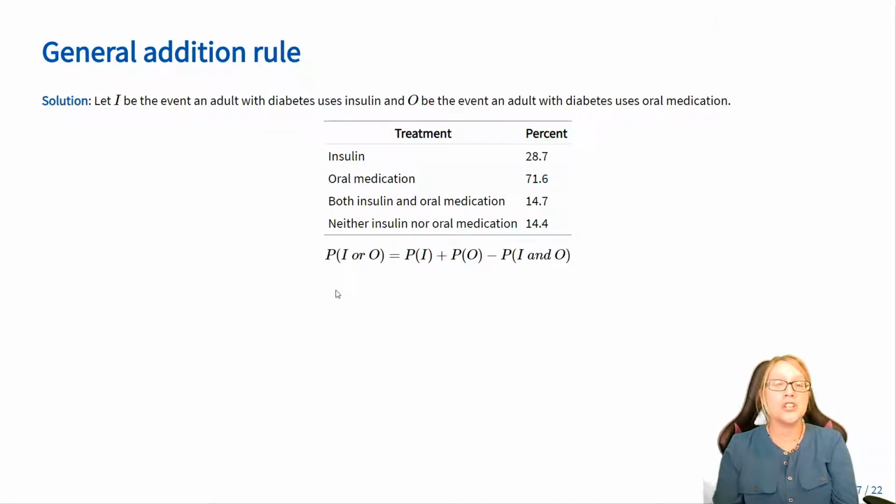So in order to use the general addition rule, we have to work with it like this. We'll take the probability of I plus the probability of O minus the probability of I and O. So we get 0.287 plus 0.716 minus 0.147, 85.6% of diabetes patients use insulin or oral medication, or perhaps both.